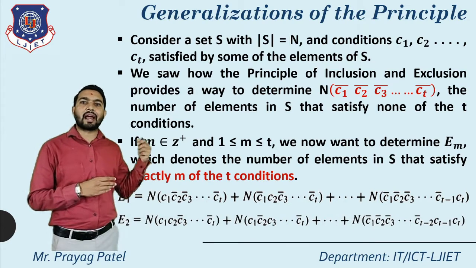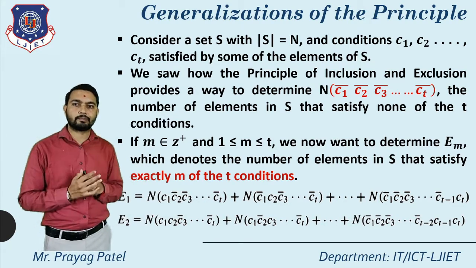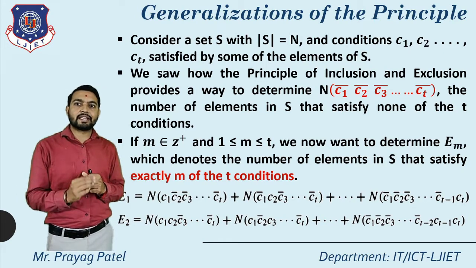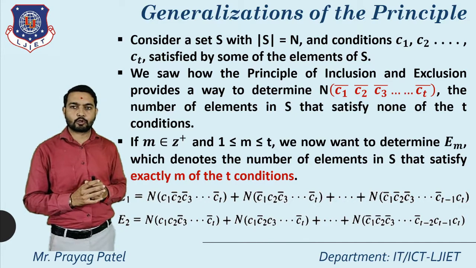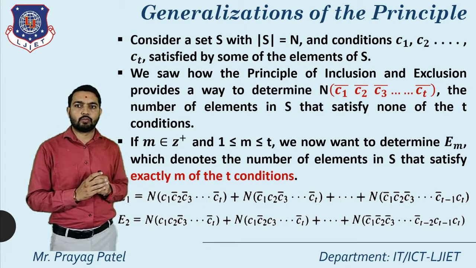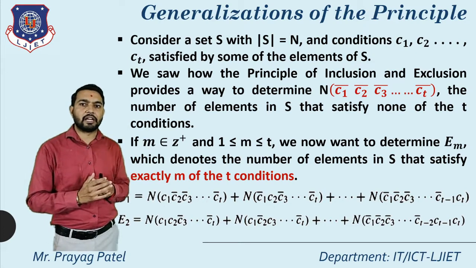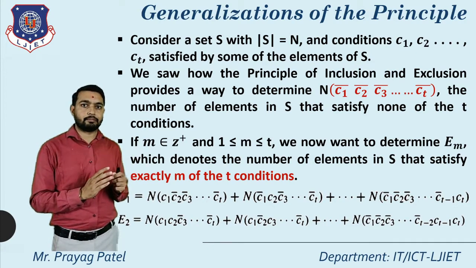Now in the same way we can write the equation for E2. E2 means m equal to 2, so exactly 2 conditions out of the t conditions will be satisfied. Exactly 2 conditions means, for example, C1 C2, then C1 C3, then C1 C4, like this.